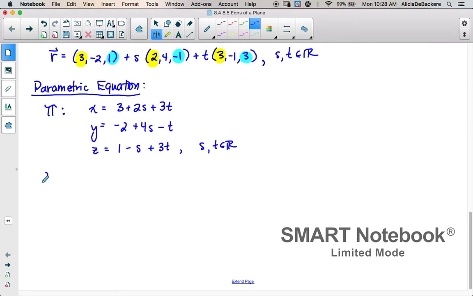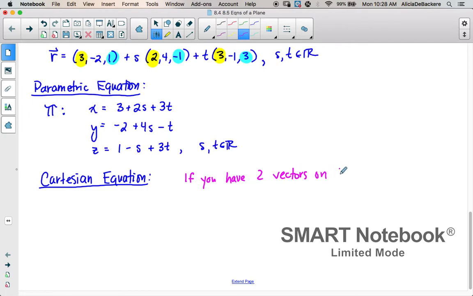All right, the last thing we were asked to do in this question is to come up with the Cartesian equation. Now, we don't have everything we need for the Cartesian equation. For the Cartesian equation, we need a normal vector to the plane. Now, whenever you have a question where you already have two vectors on the plane, I want to see you use the cross product, right?